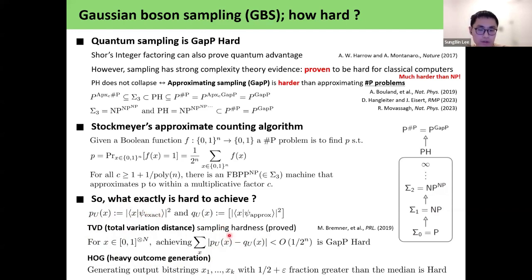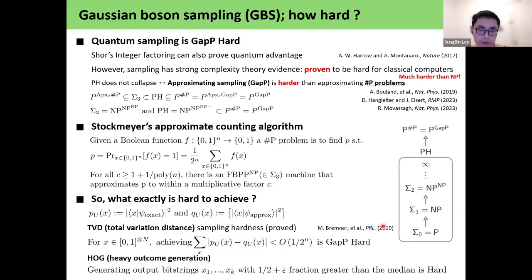So the total variation distance is a distance between these two distributions, the exact and the quasi distributions. Actually, I neglected a 1/2 here. I apologize, but basically it's given by these values.